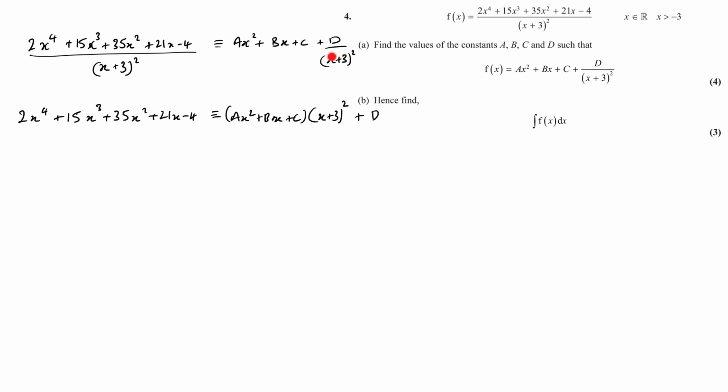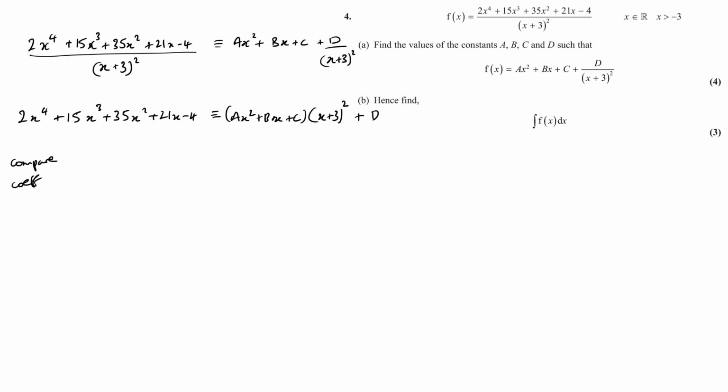Because obviously when I multiply the d over x plus 3 squared by this, that would just give me d. So that's what I've got, plus the remainder there. Now what I can do is I can compare.